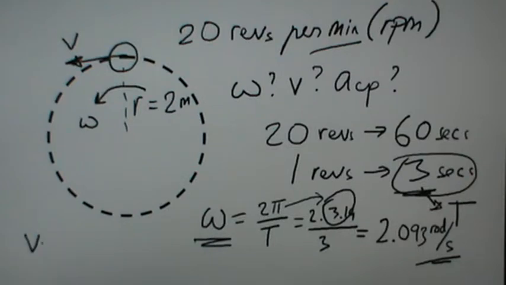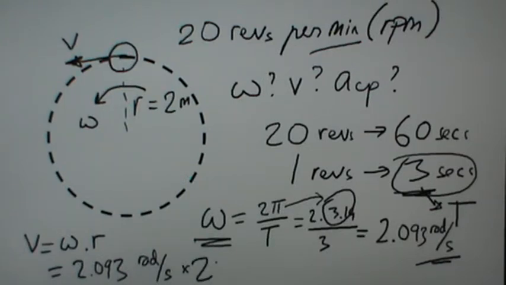As you know, v is omega times r, so here omega is 2.093 radian per second times the radius 2 meters, and we get 4.186 meter per second. That's the linear velocity v.